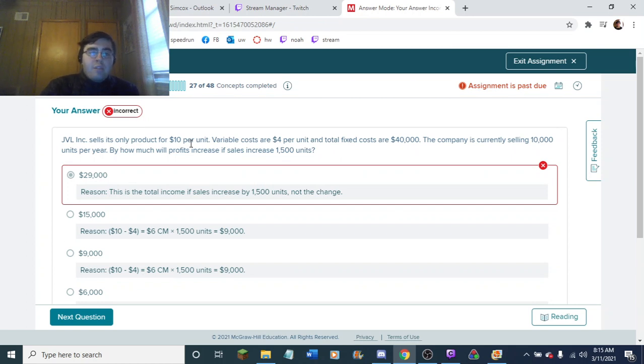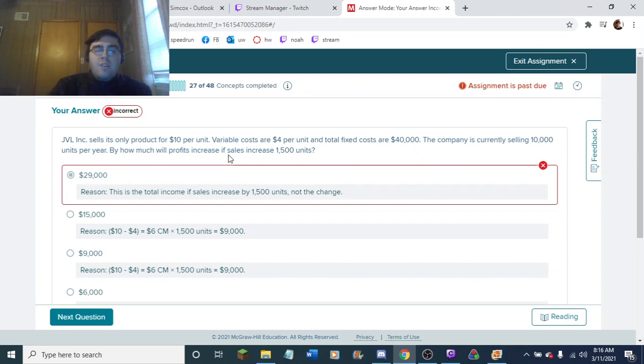They make $10 and then the variable cost is 4, so the contribution margin is 6, and then the number of units times the new amount would be they make $9,000. Wait, what? So if sales now they don't increase to 1,500, they increase by 1,500. So you just do 1,500 times the contribution margin.